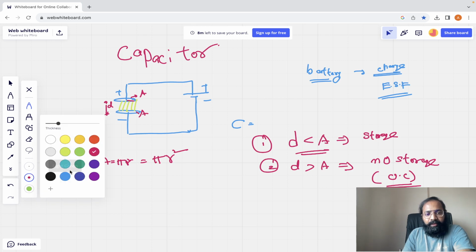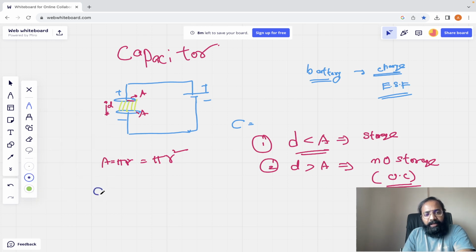Fine. Now the basic expression for the capacitance C is C is equal to epsilon A divided by D. It is a basic formula. From this formula itself, we can identify A and D, as we already discussed.